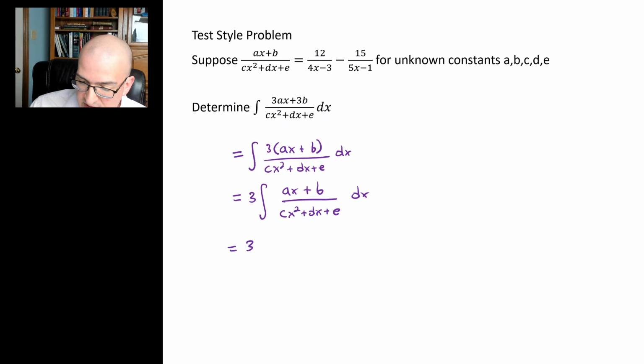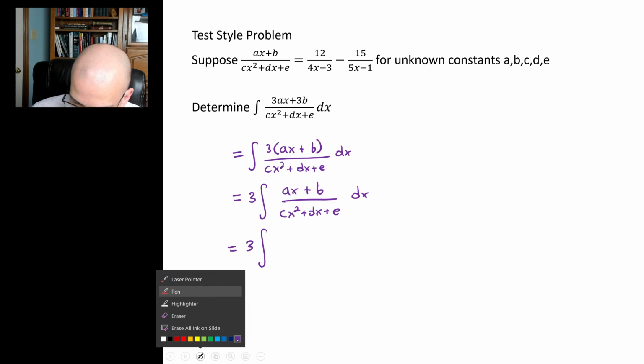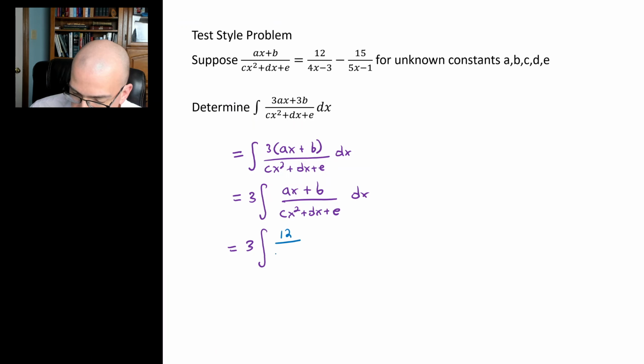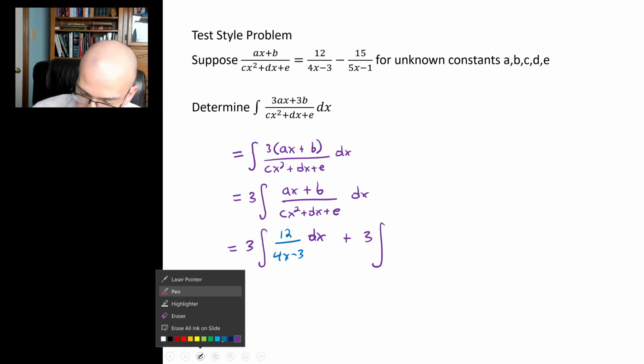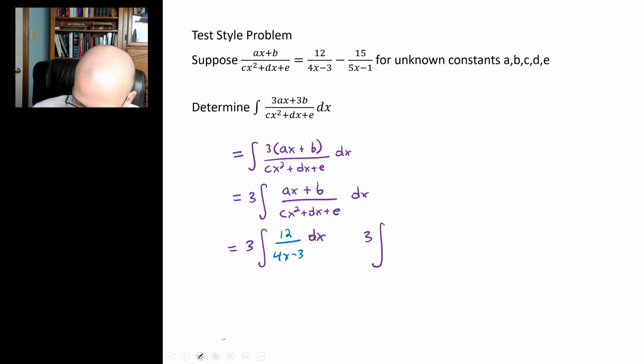And now I'm going to use the fact that that's equal to the integral of 12 over (4x - 3) dx plus 3 times the integral of the second piece. Or let's put a minus in front since it's being subtracted: 15 over (5x - 1) dx.